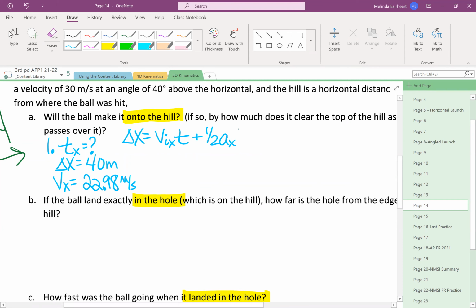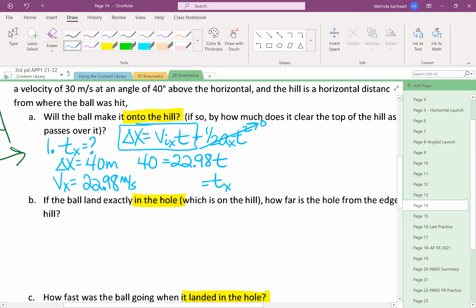Since it's our first one today, I'm going to keep the 1/2 AT squared. But what's true about horizontal acceleration? Right, it's 0, and so it's going to go away. Most times in the horizontal, I just write that first part of the second equation, okay? And so now we know 40 meters equals 22.98 times t. Now we can find the time in the horizontal.